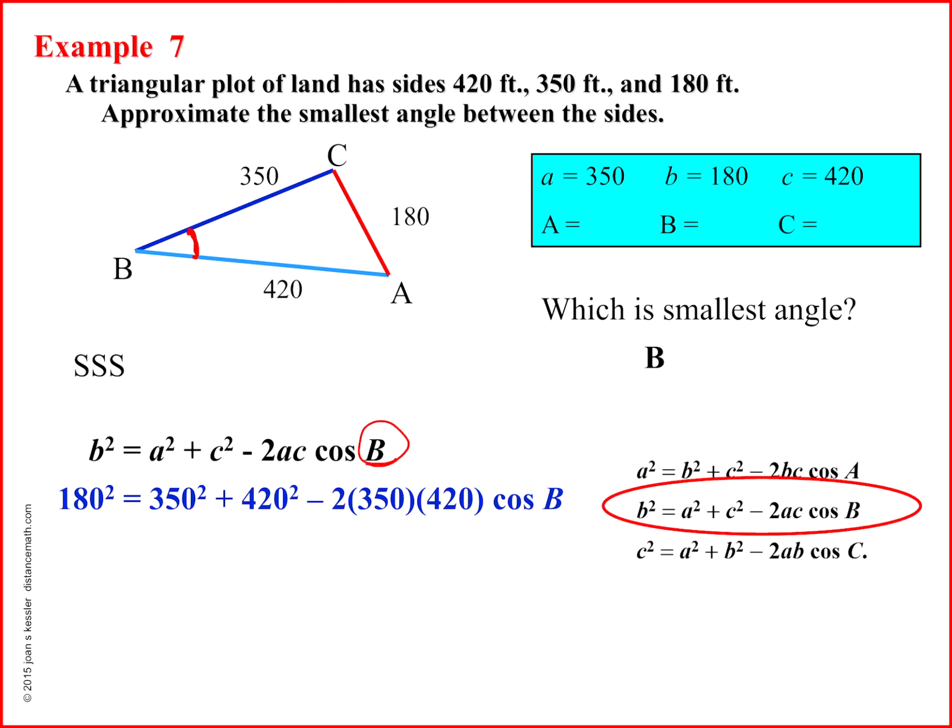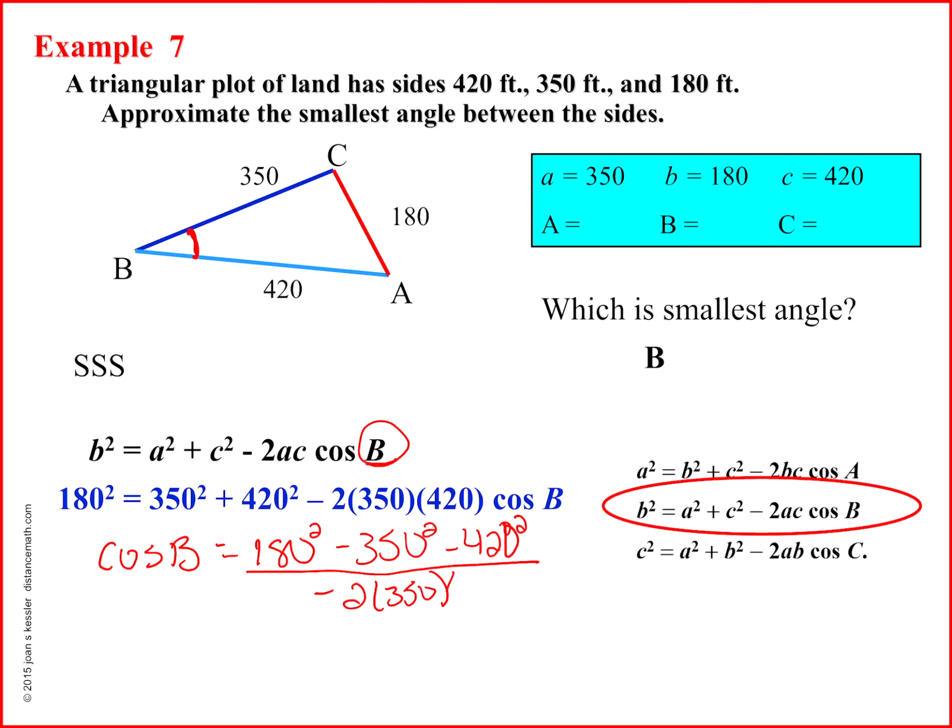So we plug in what we know. Plug in what we know, and then if you want to approximate, you can, or you could just work it all out, because our cosine B would be 180 squared minus 350 squared minus 420 squared, and divide by -2 times 350 times 420. Okay, that would get you a value, and you can approximate.